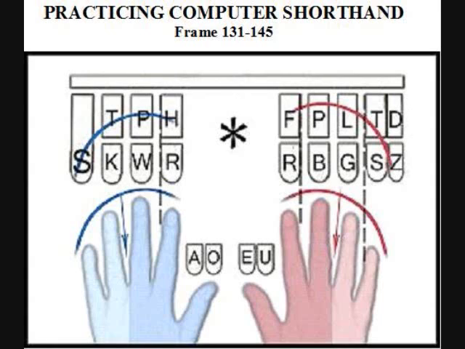Okay, frame 138 is final ings. This one, it's really important to think of a way that you want to deal with this. I didn't really find it to be very efficient to write the attached ending for ing and then for the plural S as well.